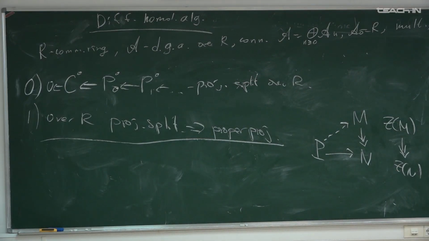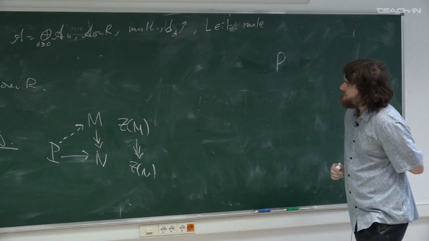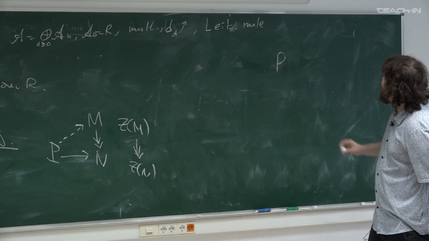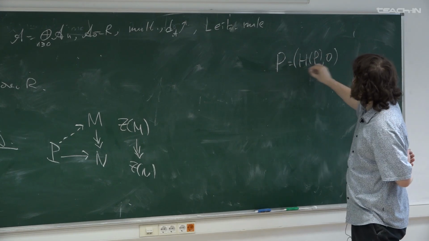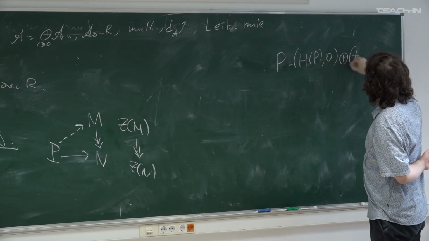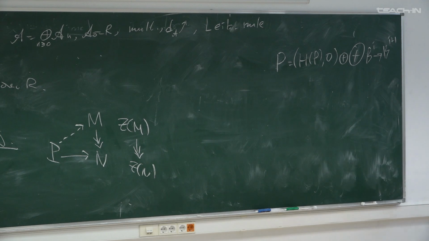As I said before, my P is a direct sum of homology with zero differential and a direct sum of two-term cochain complexes.